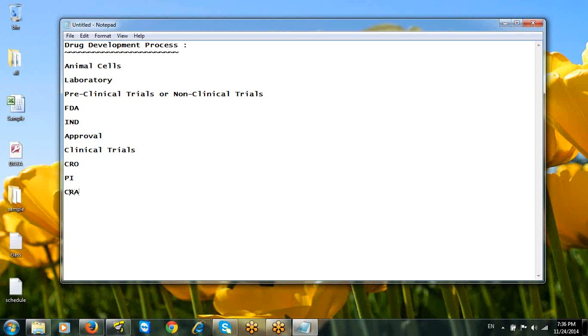We can say these are nothing but subordinates under the principal investigator. Generally the clinical trials are conducted according to the guidelines of the principal investigator. He is the decision maker and he will look over the whole clinical trial process. Of course, sometimes he may not go everywhere and may not take care of the entire clinical trial.